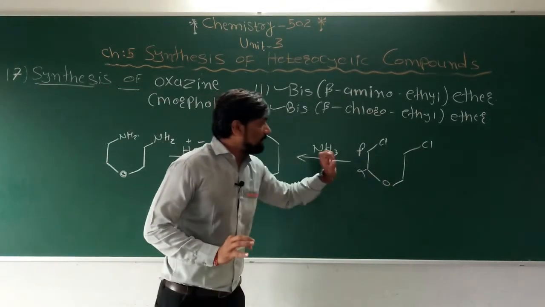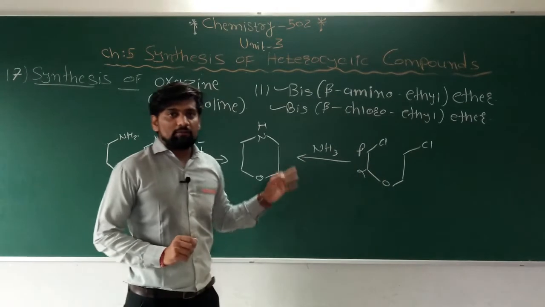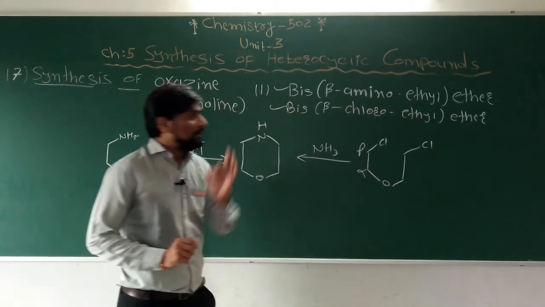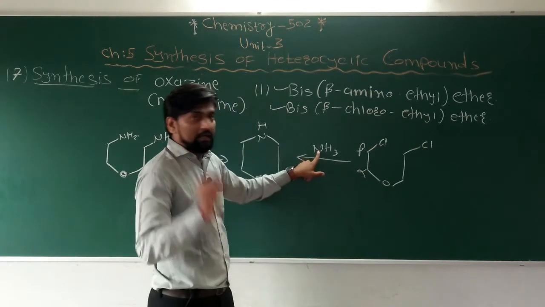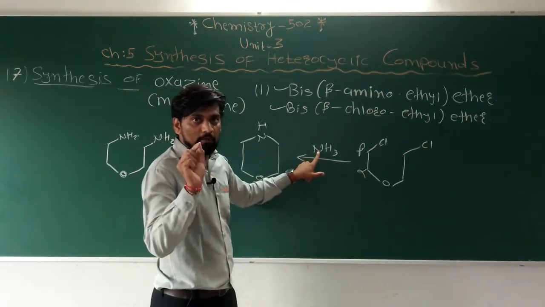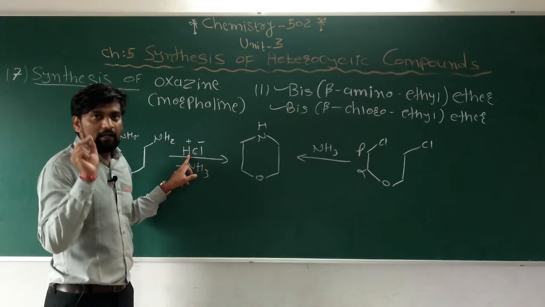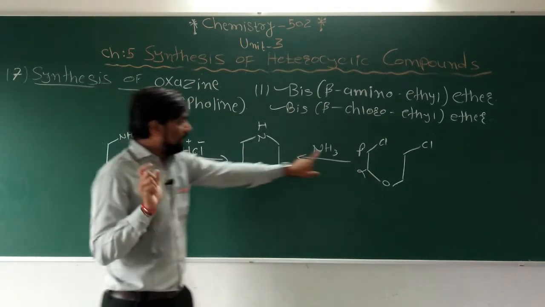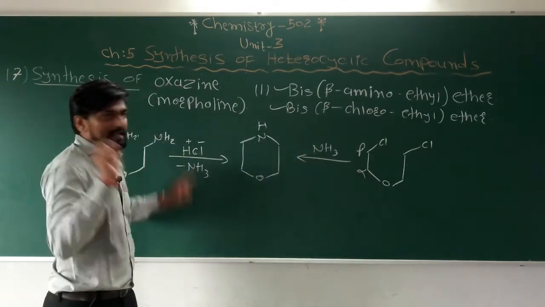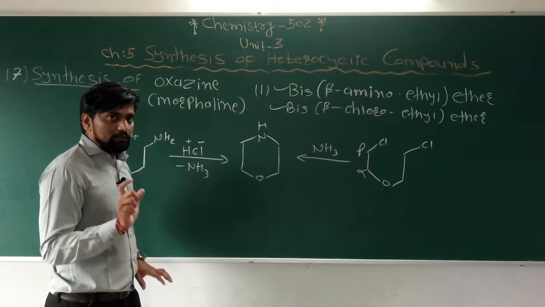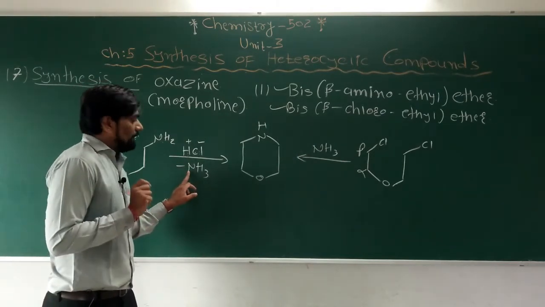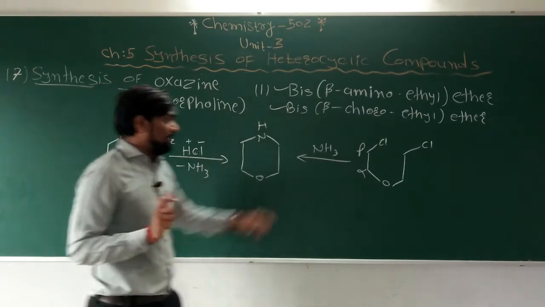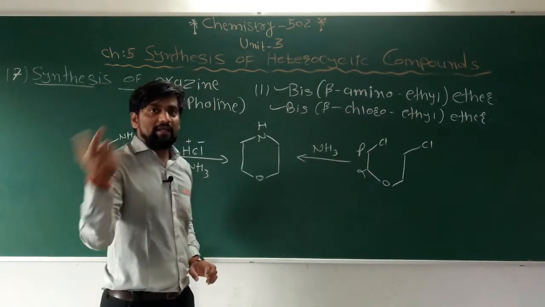So whenever this compound, beta chloroethyl ether, reacts with ammonia, here the reagent is ammonia and here the reagent is HCl. So keep in mind, here ammonia will be used and here HCl will be removed. Here ammonia will be used as a reagent.